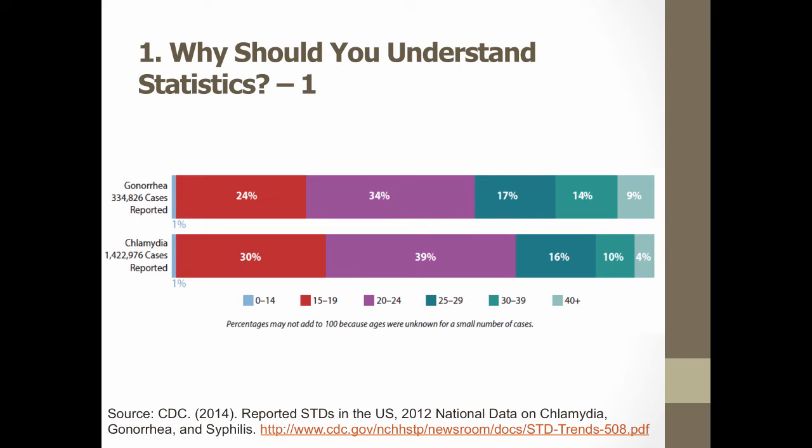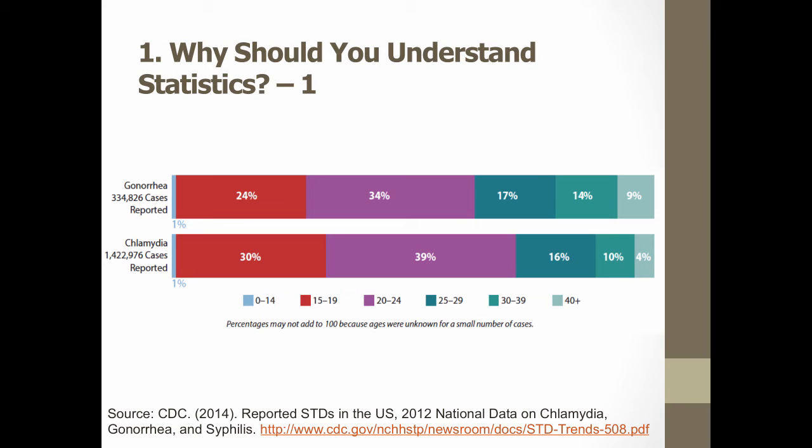Let's look at chlamydia. We know that there was actually more than 3 times the cases of chlamydia than there were gonorrhea cases in 2012. That may have been another thing that you may have written down. But let me ask the same question. Among whom did these 1.4 million cases occur in? What age group?